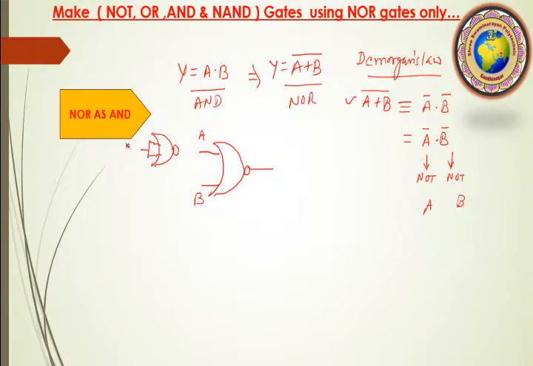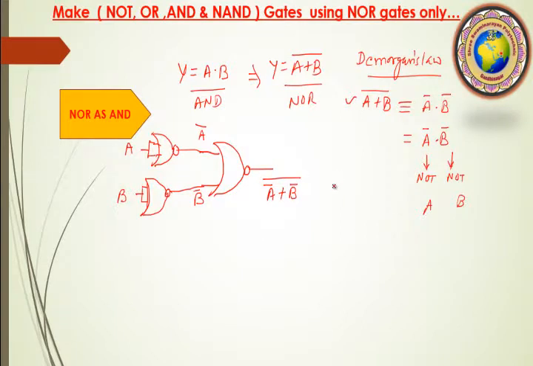I take A through a NOR so that A changes to A bar. Same way I take B as an input and convert it into B bar form.